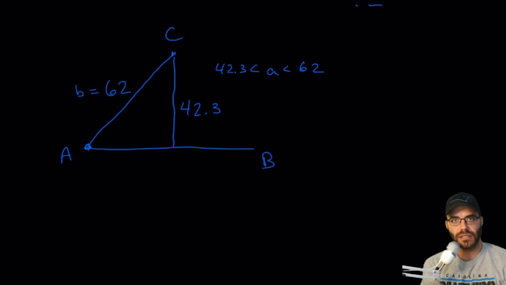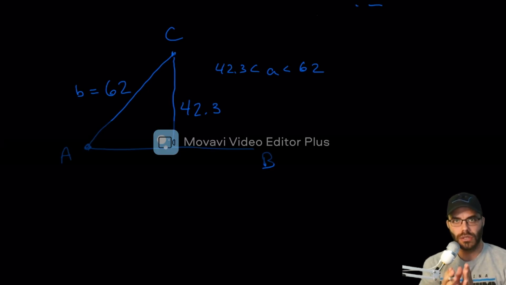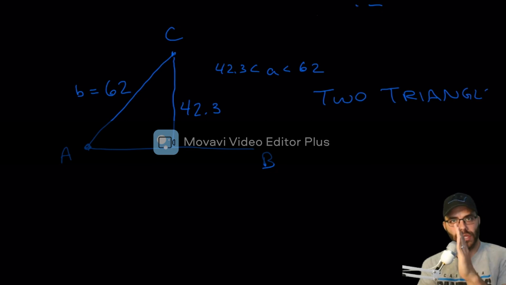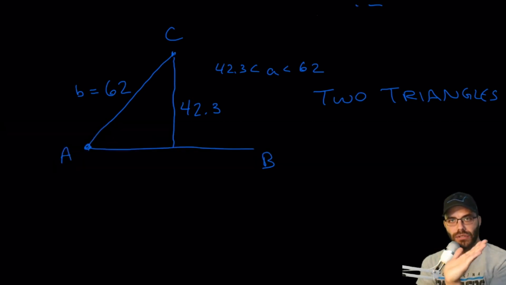And the reason there's 2 triangles is because think about a barn door. A barn door can swing inside a barn or outside a barn. So if we have an A value that is greater than the height but less than the other side, for instance, let's say A was 50.